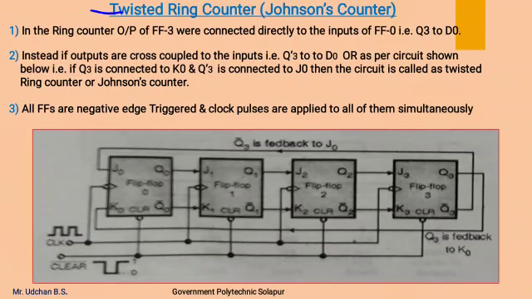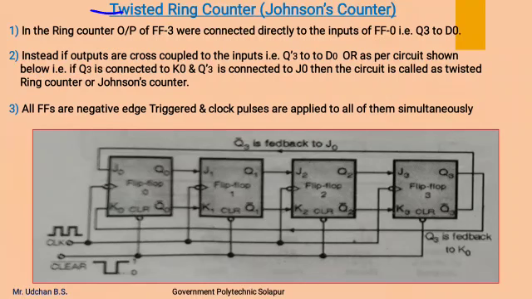In the ring counter which we have seen earlier, the output of the last flip flop, that is flip flop 3, was connected directly to the input of the first flip flop, that is Q3 was connected to D0 input. Instead, in this ring counter the outputs are cross coupled to the inputs, that is instead of connecting Q3 to D0, Q3 complement gets connected to D0.